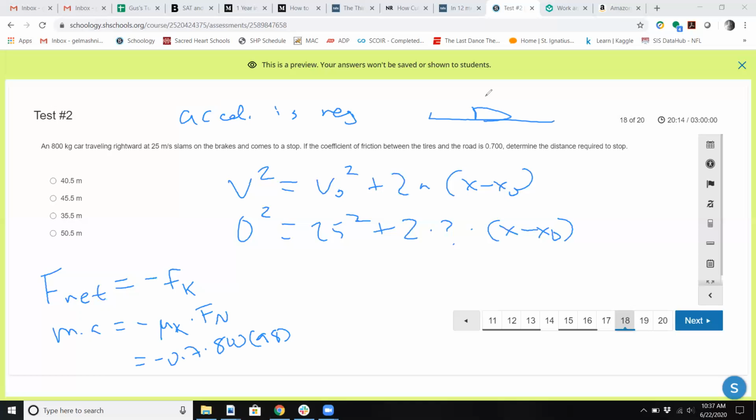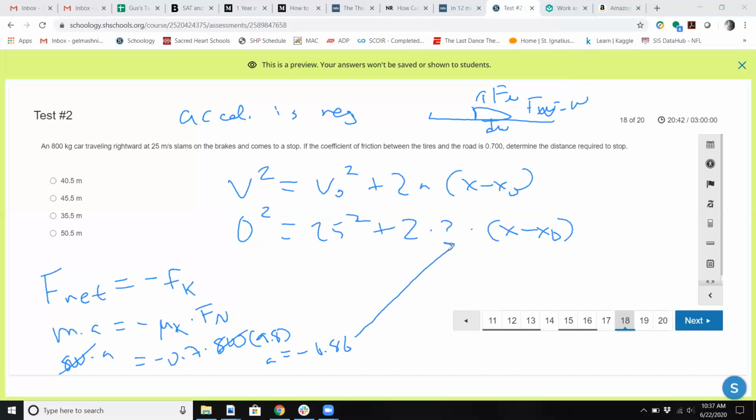You have a car. Here's Fn, here's W. So Fn equals W. And m again is 800. That actually doesn't matter. So your deceleration is actually going to be 0.7 times 9.8. So you get 6.86, or negative 6.86.